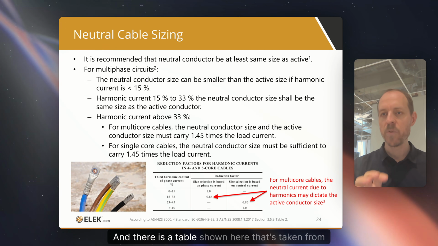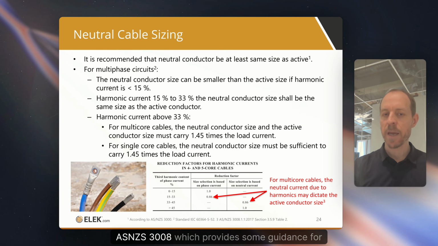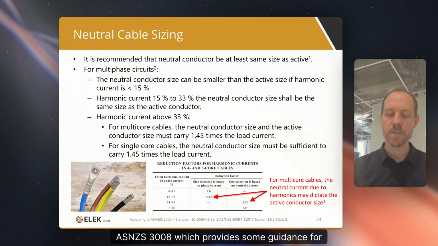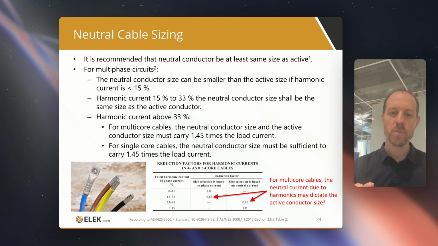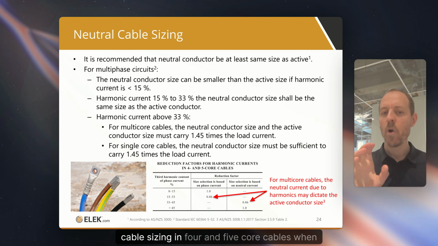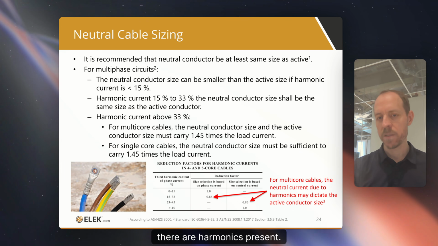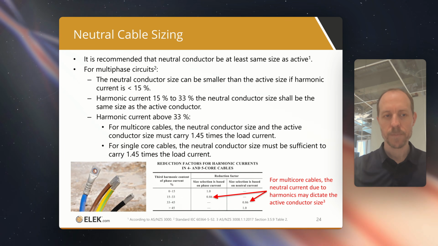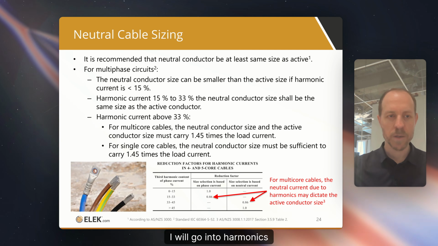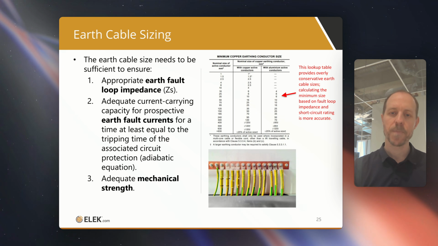And there is a table shown here that's taken from AS/NZS 3008, which provides some guidance for neutral sizing or cable sizing in 4 and 5 core cables when there are harmonics present. I will go into harmonics more after the next couple of slides.